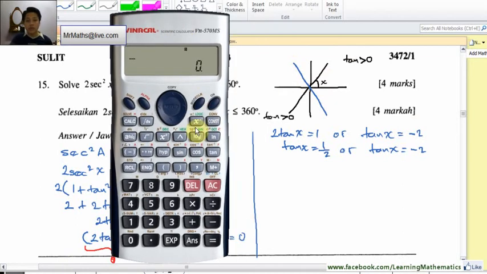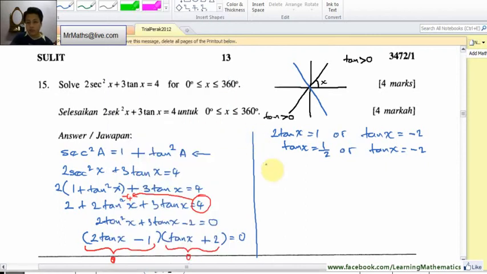So let's now use the calculator to find out the possible values of x. So let's do an inverse tangent. So inverse tangent, where is it? Here, 1/2. That is equal to 26.57.